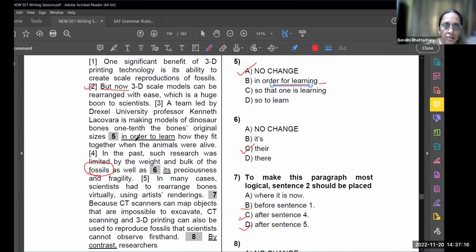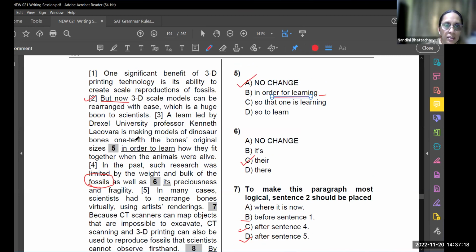These are your options. Now, sentence 1 is talking about one significant benefit of 3D printing. Yeah. Now, sentence 2 is talking about, but now 3D scale models can be rearranged with ease.